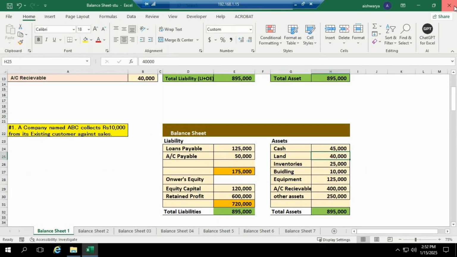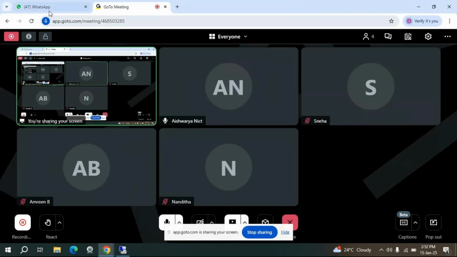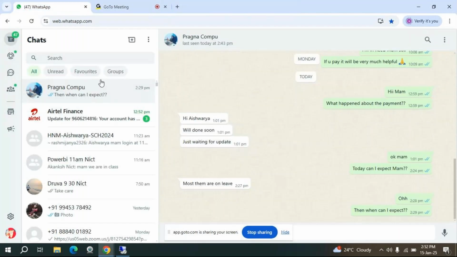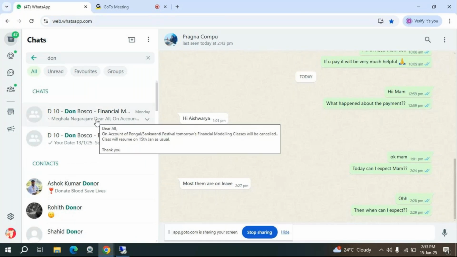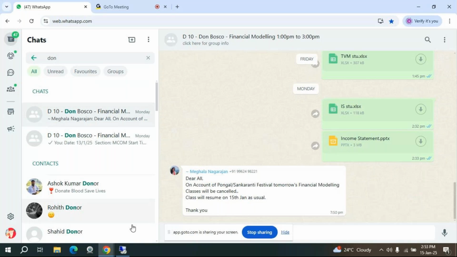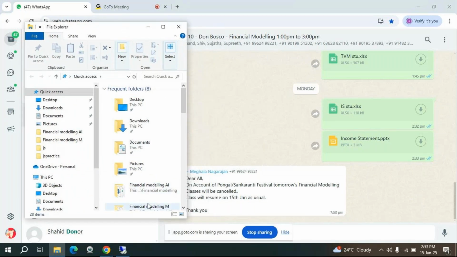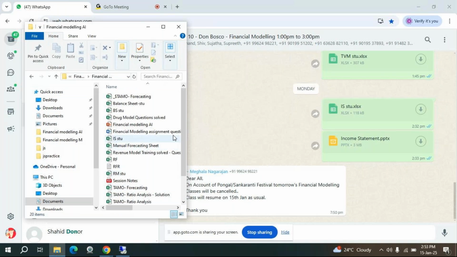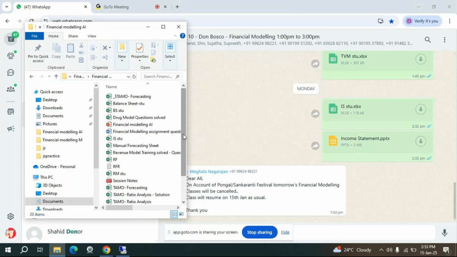So this exercise, I'll share it to you, so you have to work it out. Just go through this. Income statement I have shared you, no? Yes, I have shared you the income statement.